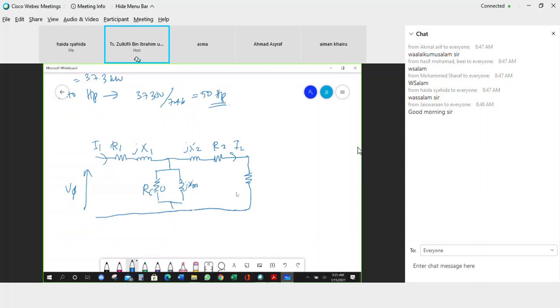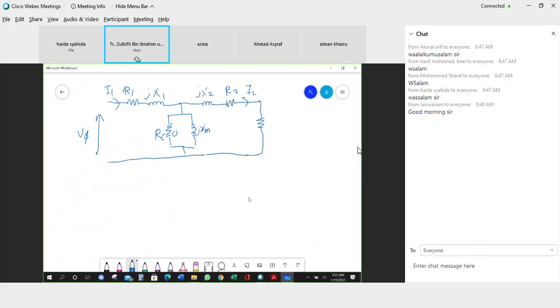You know the relation between the rotor speed and the synchronous speed: the mechanical rotation equals 1 minus s times N sync.